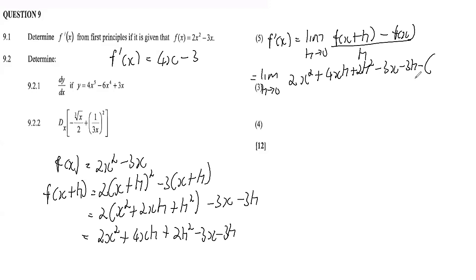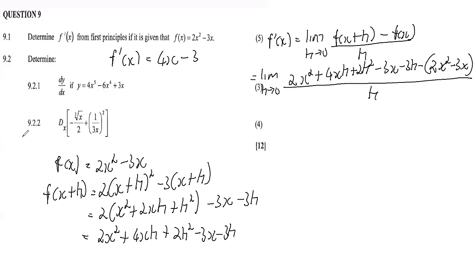So note, when I'm about to subtract an expression, I need to put it inside the brackets, so that I do not make any mistakes, and that I make sure that that negative here also affects this second term of this expression there. So minus 3x, right? Then all that over h.